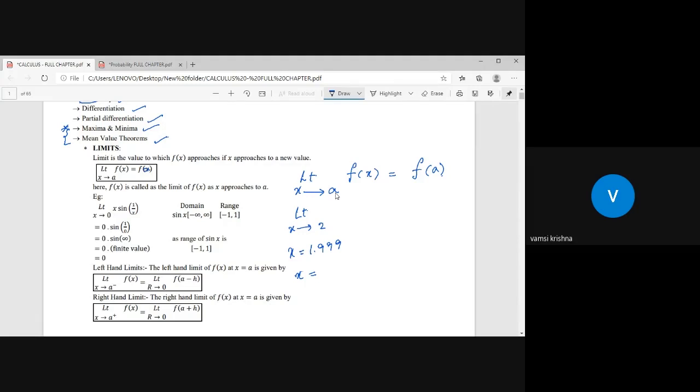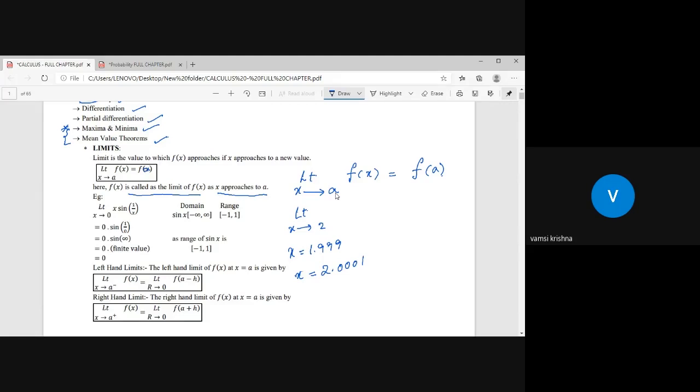Maybe initially your x value is 3, that becomes 2.5, 2.4, 2.3, 2.2, 2.1, 2.0001 something like that. In this case also you can say that limit x tends to 2. When x tends to 2 like this, then your function value f of x is equal to f of a. This is the actual meaning of x approaching a, then the limit approaches f of x.